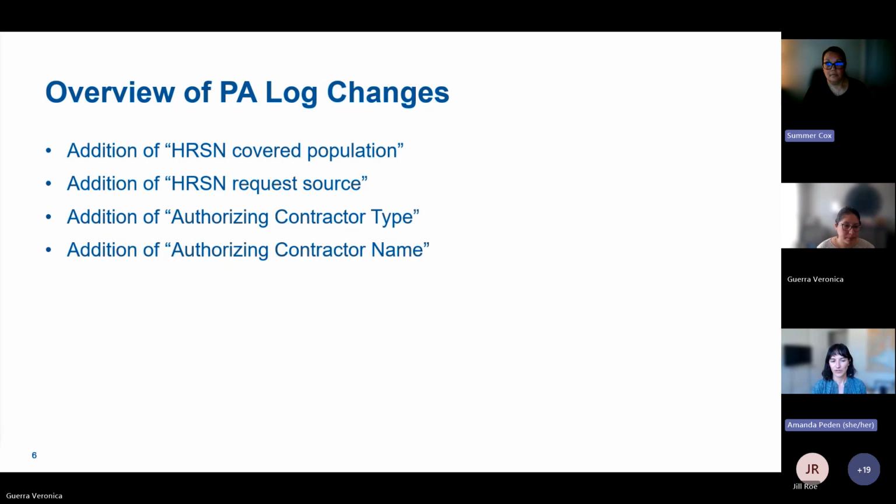In understanding the requests, one thing that's important for our evaluation and the monitoring of the program overall is to understand where that request is coming from. Is it coming from a member self-referral or family member self-referral? Is it coming from an HRSN provider or partner? That's the purpose of that second bullet here.